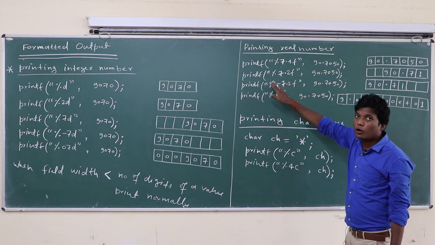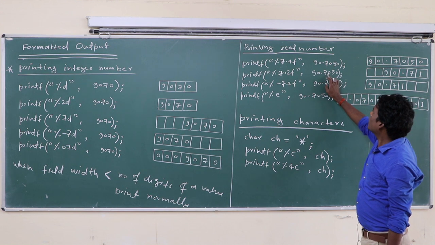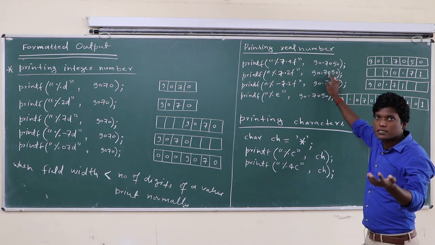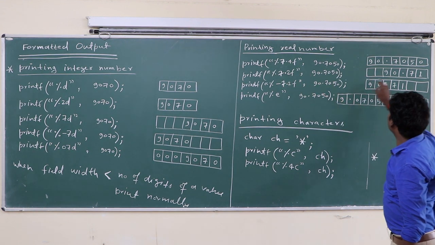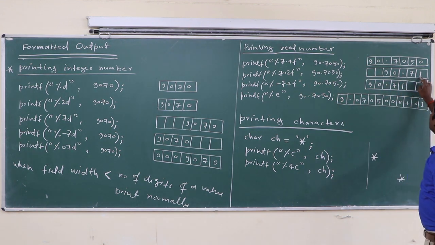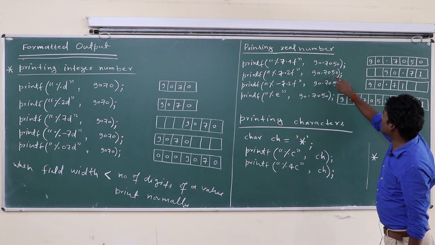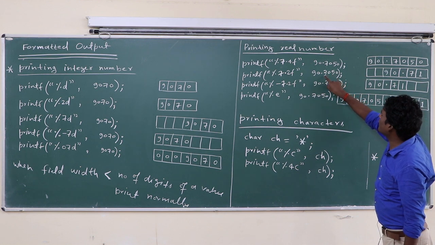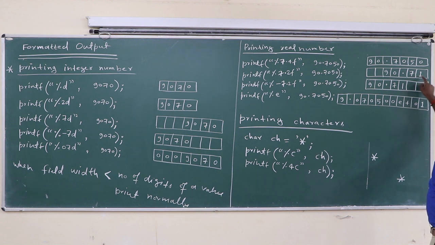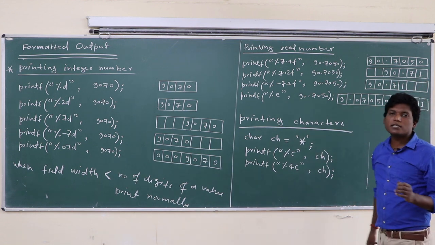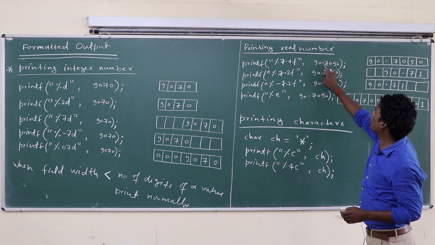Now this printf prints the number up to two decimal places, so it prints 90.71. This is basically rounding off. 0.7050, when rounded to 2 decimal places, becomes 0.71.